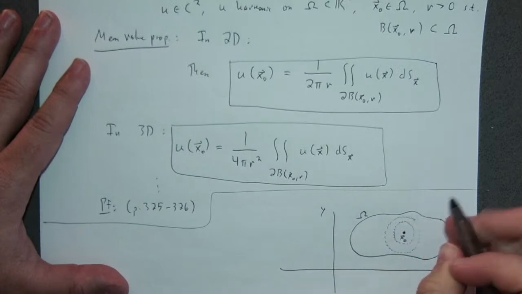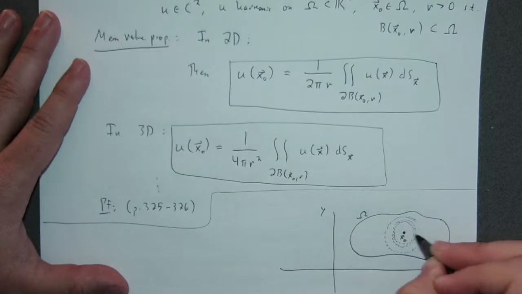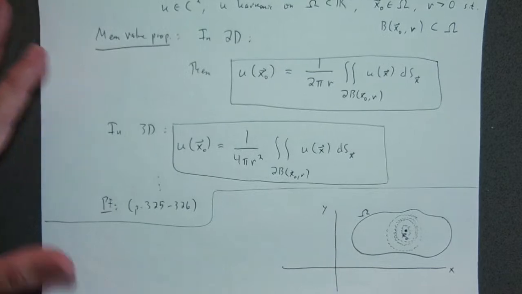So I can pick any one of these, and the value of U at the point indicated is its average over these dashed circles I'm drawing in.